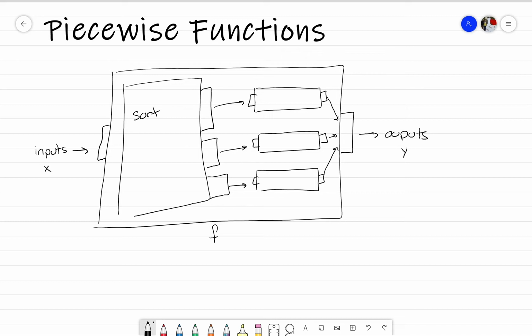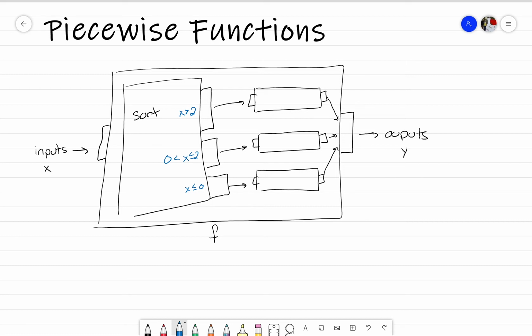So for example, let me grab a different color. Suppose I sort it into boxes depending on whether x is bigger than 2, or maybe x is less than or equal to 2 but bigger than 0, and then whether x is less than or equal to 0. So these are all of my options.